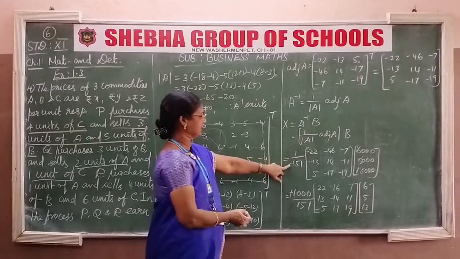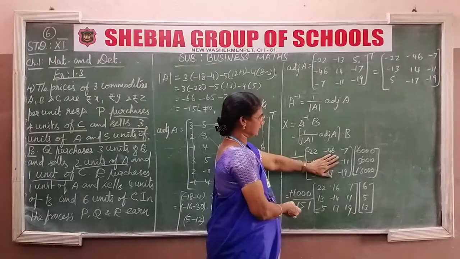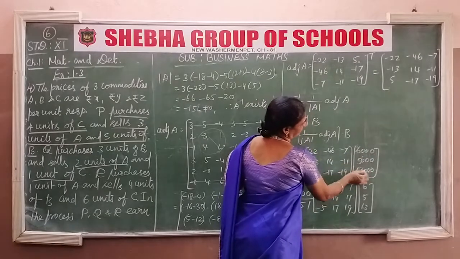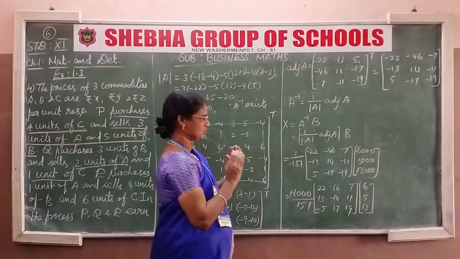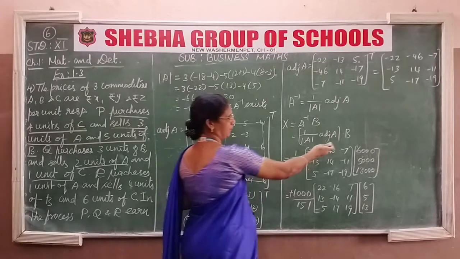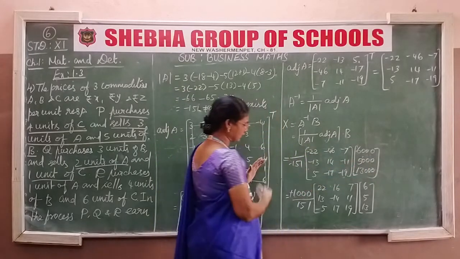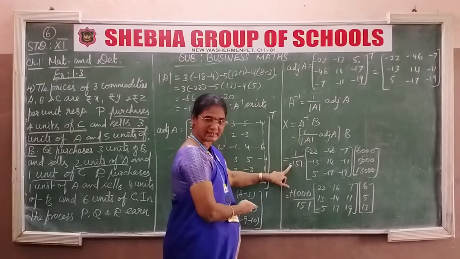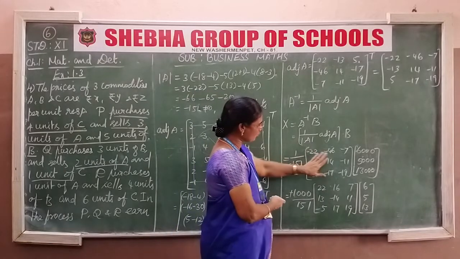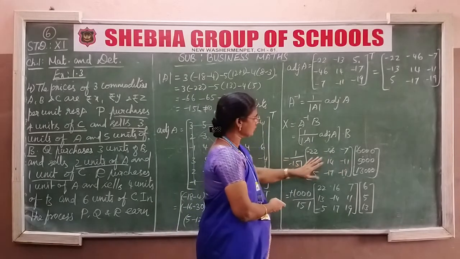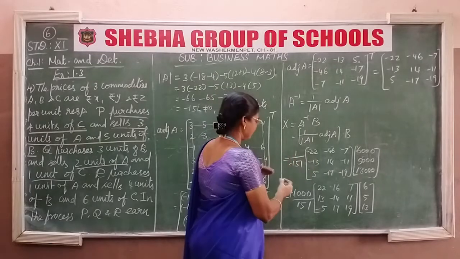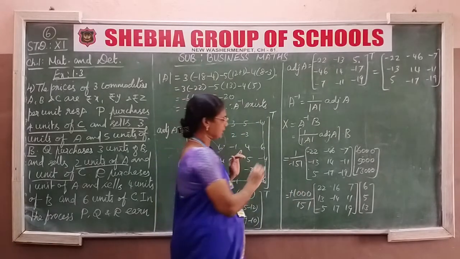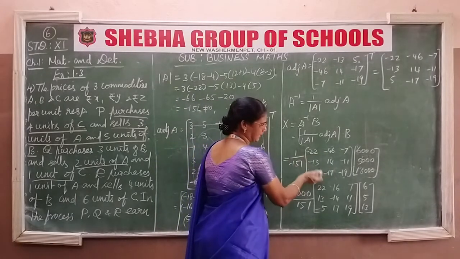Substitute here, and the adjoint of A also here, and B. Now listen, in B all the elements are multiples of thousands, so I am taking 1000 outside from B. Also we have a minus here and inside the matrix many negative numbers are there, so we can take this minus inside, which reduces the number of negative numbers.